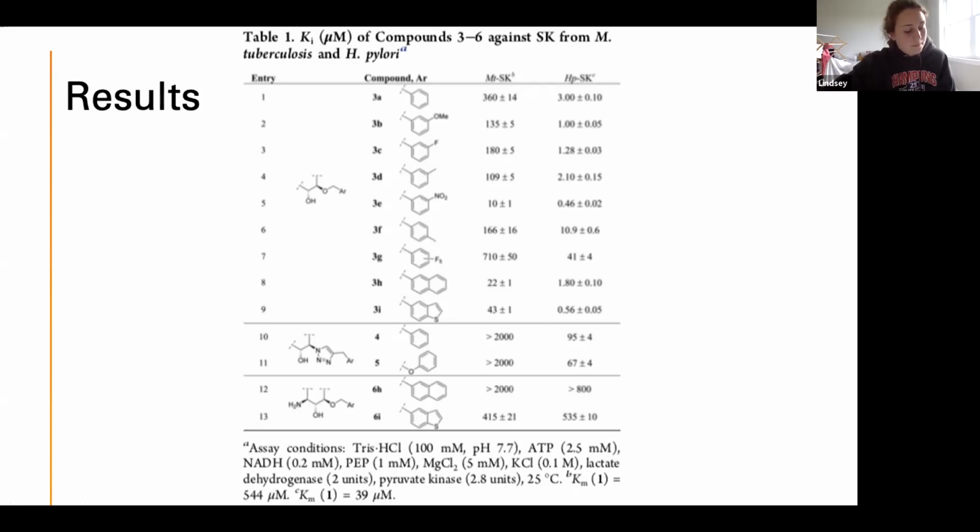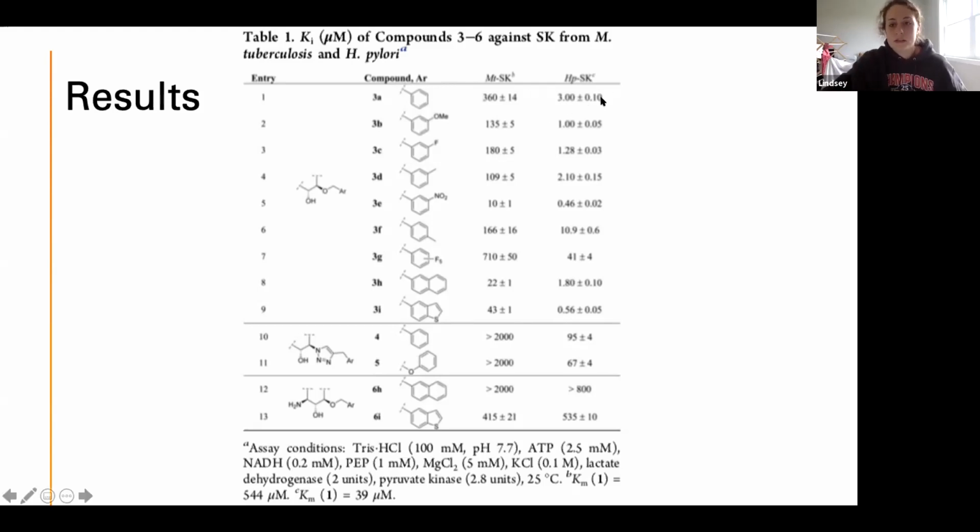And what they found was that compounds 3H and 3I worked really well, but compounds 4 and 5 didn't really work that well at all. What this is showing is the micromolar Ki amounts needed for the inhibitors, the least amount needed for the inhibitors to work against the enzyme.